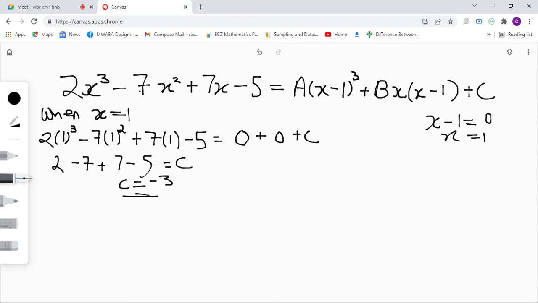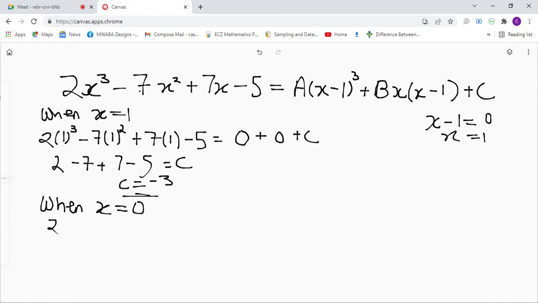So now I want to find the values of A and B. So we're going to just pick some numbers which we can equate x to, to see if we can get the values. So let's say when x equals 0. We're going to substitute 0 for x in all these expressions here.